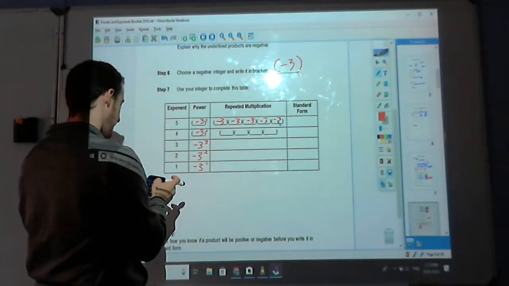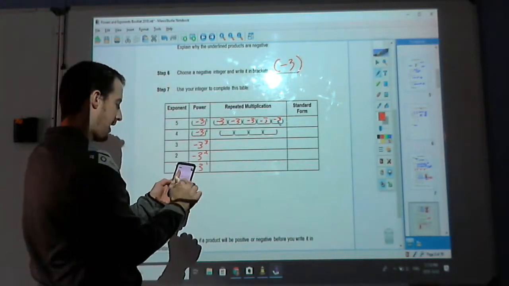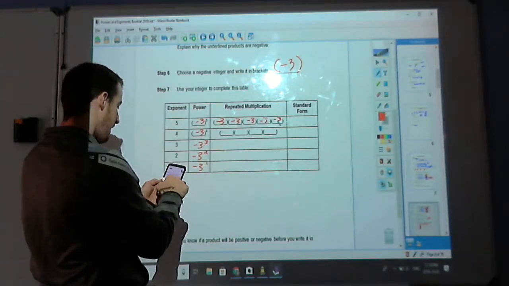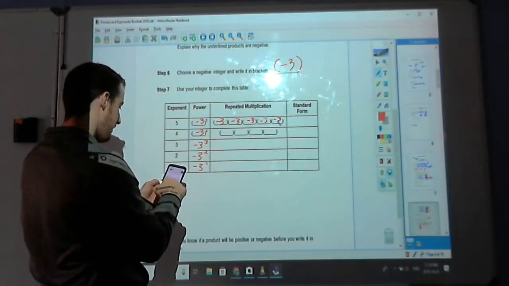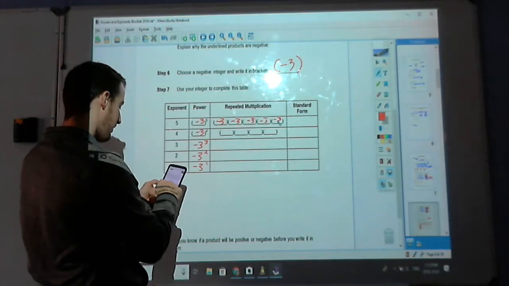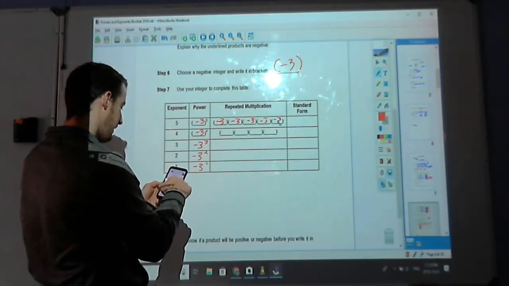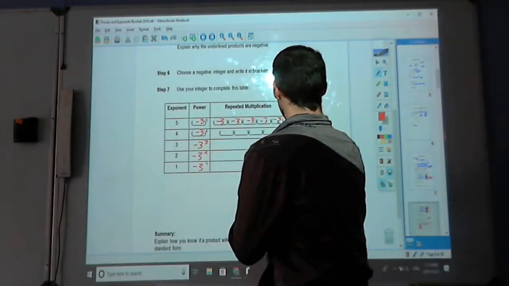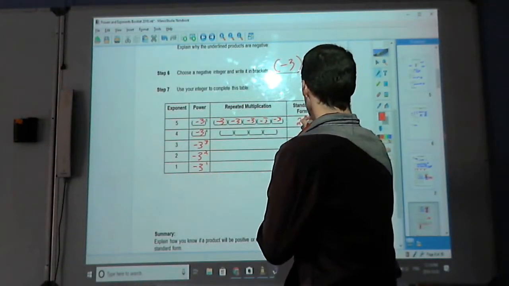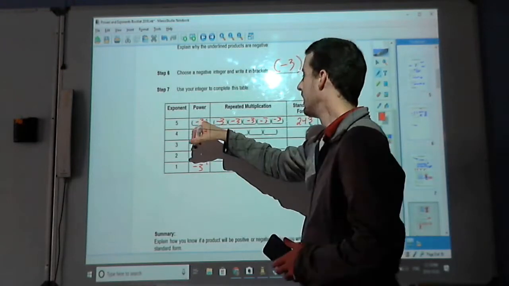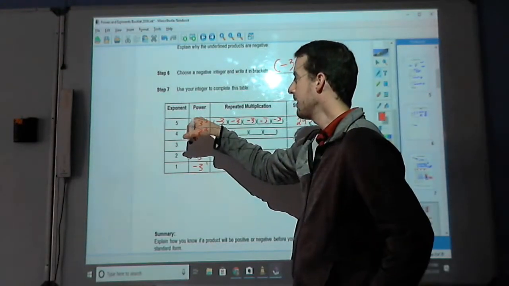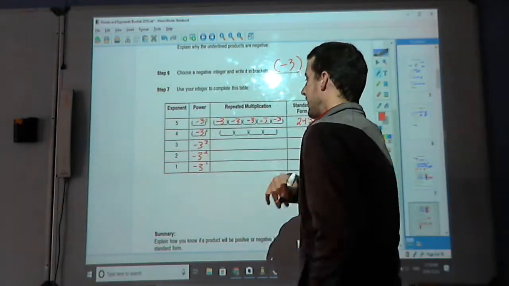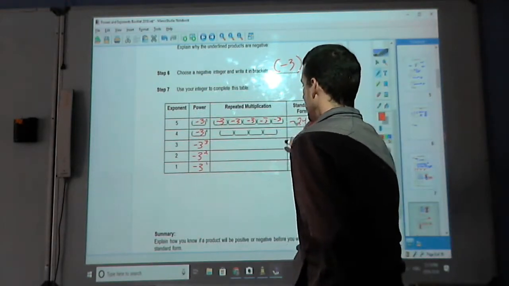I'm not doing that in my head, so let's do it with our calculator. That equals 243. We have 5 negatives, which is an odd number, so our answer will be negative.